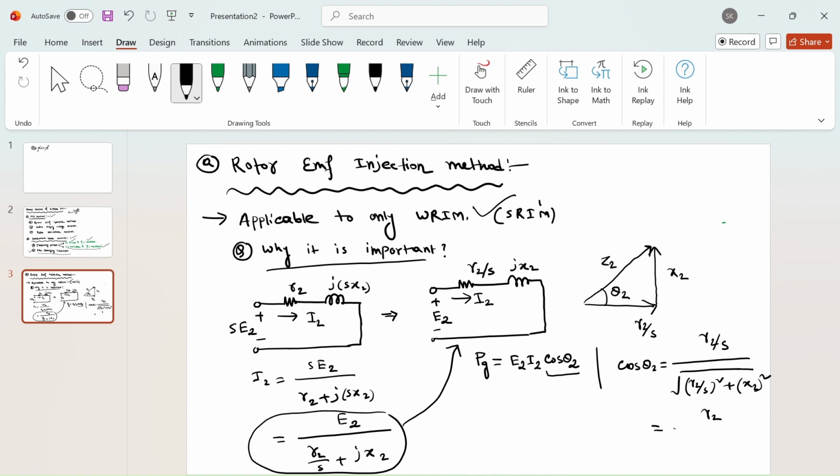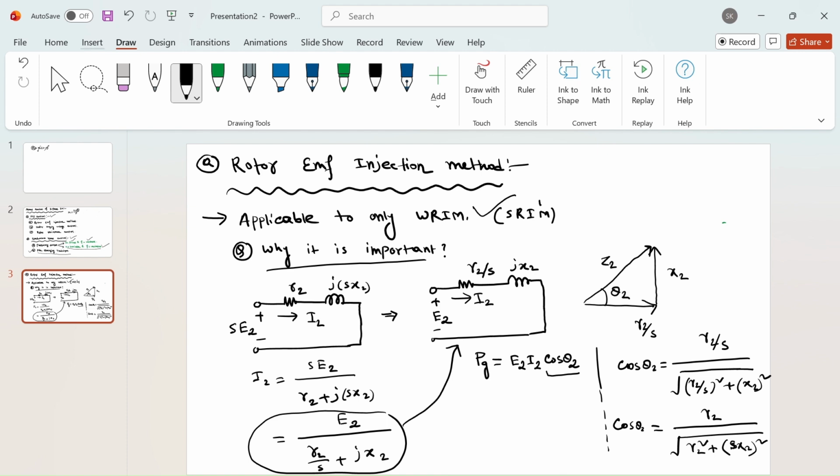If you simplify this equation, it becomes R2 upon the square root of R2 square plus (SX2) whole square. So this is the thing that you need to remember: this is the power factor cos theta 2. This is the thing that we require for the later analysis.